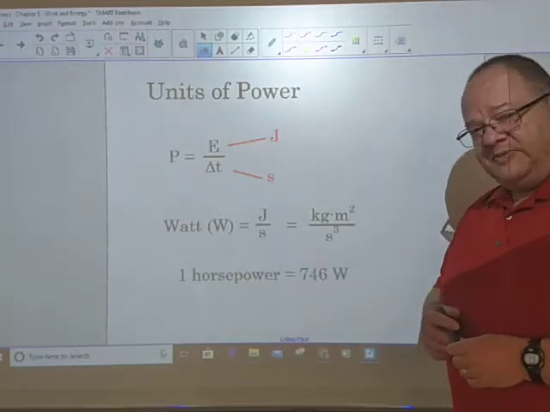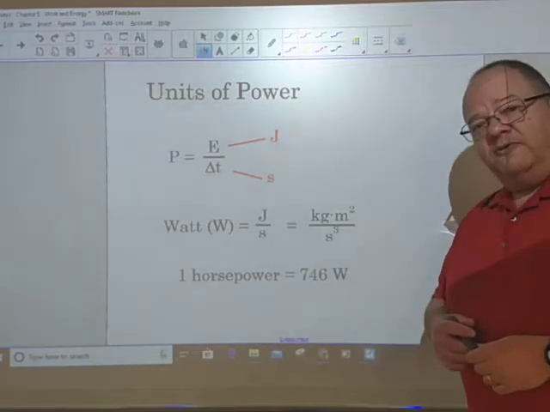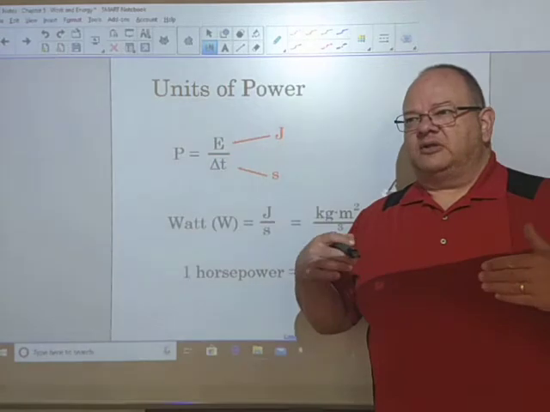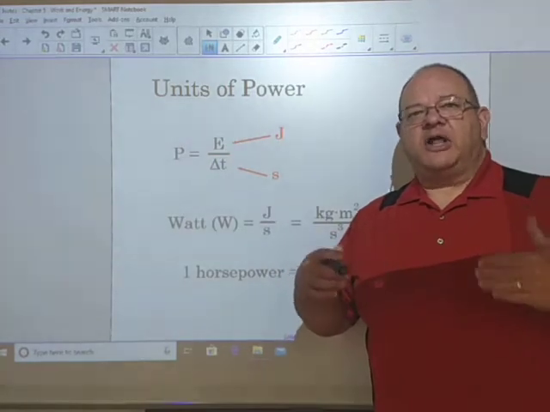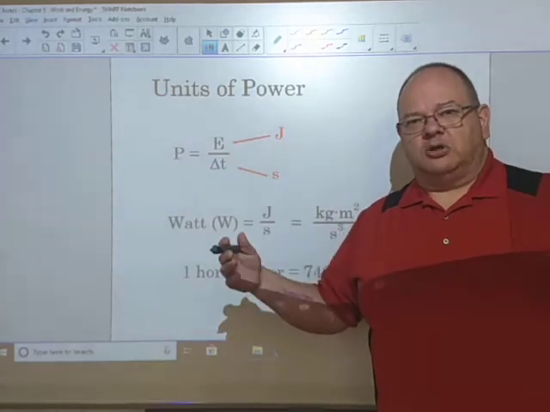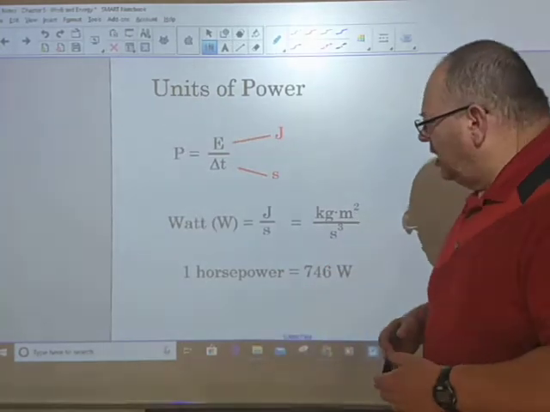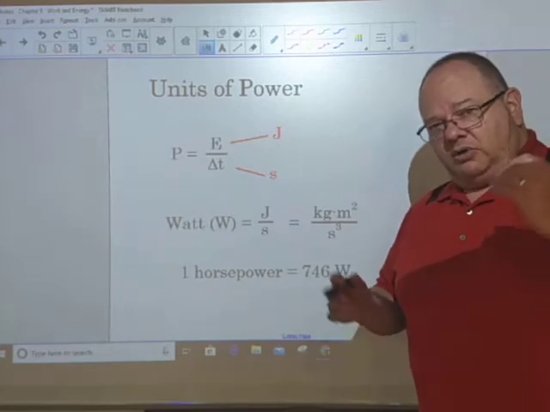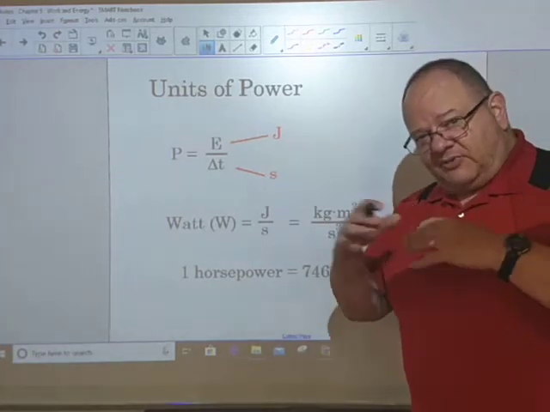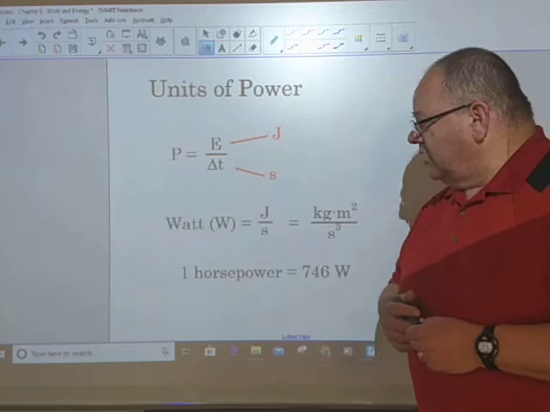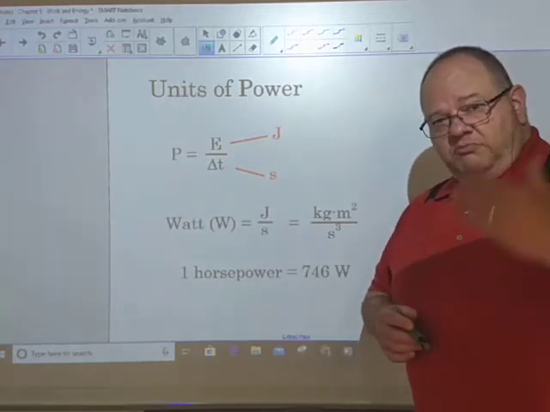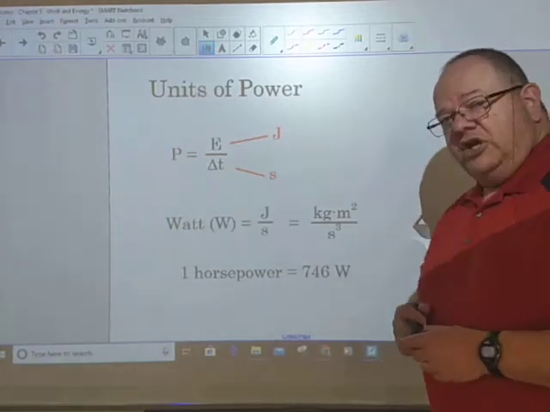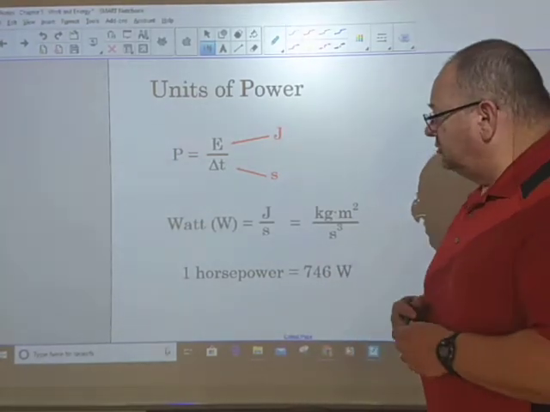Well, a horsepower has been standardized as 746 watts. Originally, it was based on the rate at which a horse could do work over a day. Certainly, a horse can generate more power than that for short periods of time, but it was averaged out over a day. It turns out that many of you, in short periods of time, can generate more than a horsepower.